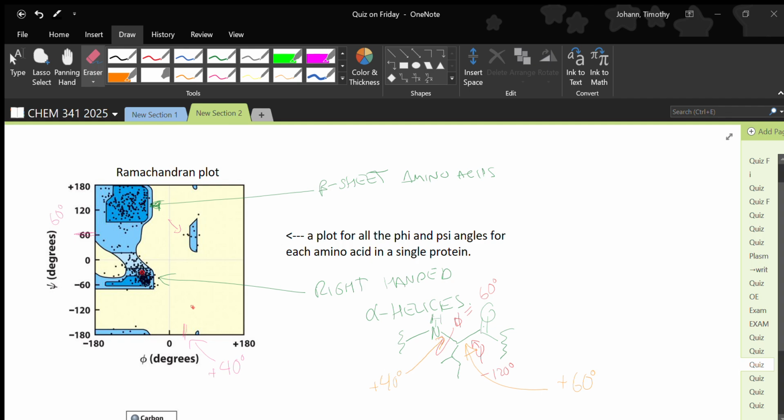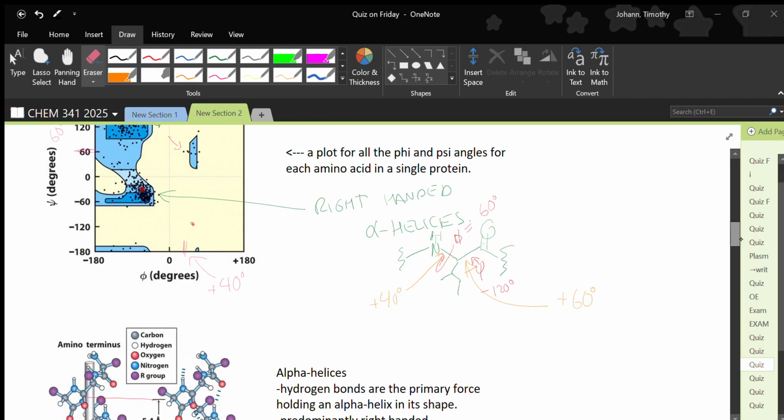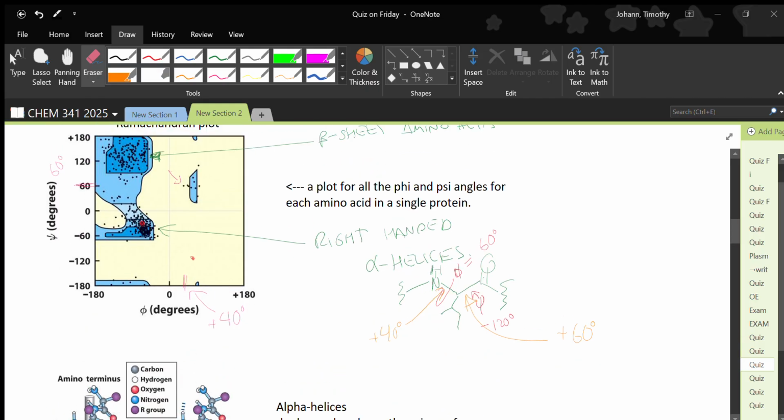How would I ask this? If I wanted to ask if you understood this, I'd probably do the reverse. Let's add even more confusing color to this. I'd say this one is negative 50 degrees and this one is negative 120 degrees. Plot that.